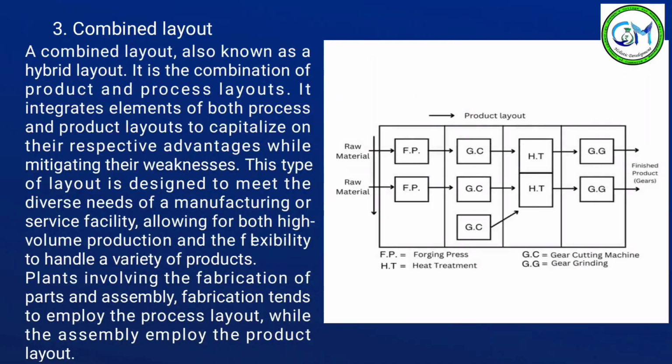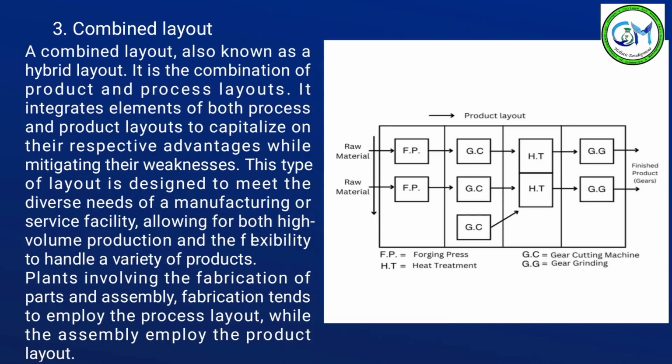In the process, the raw materials pass from input to forging press, then gear grinding, then heat treatment, then likewise final output. Likewise we combined all the product type of operations and the process type of operations. This type of operation is called a combined layout.